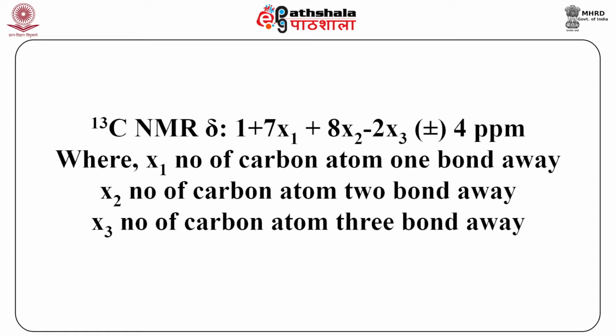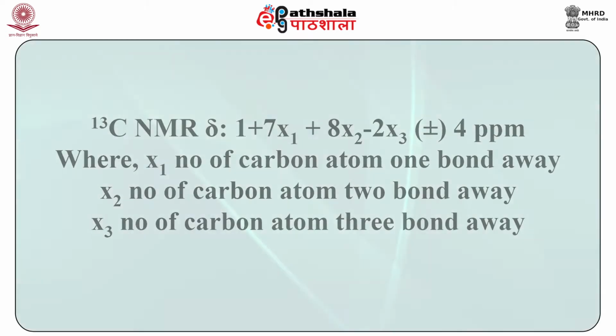Here x1 is the number of carbon atoms 1 bond away, x2 is the number of carbon atoms 2 bonds away, and x3 is the number of carbon atoms 3 bonds away.